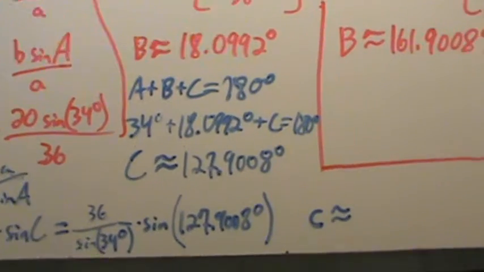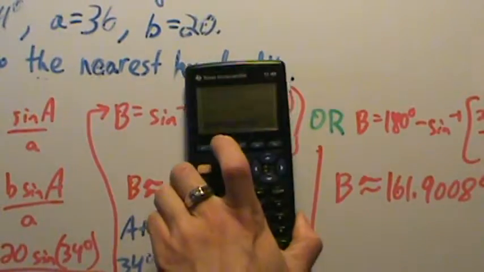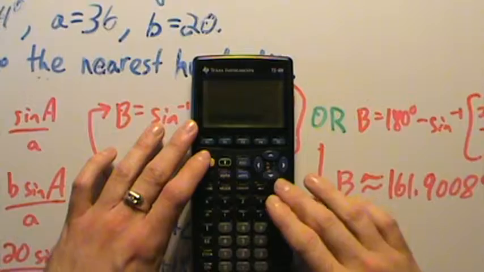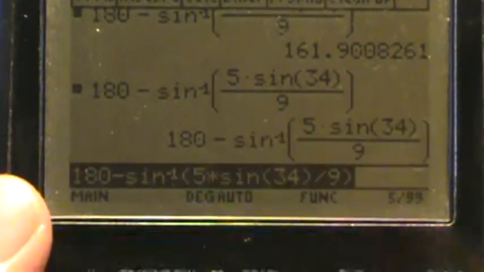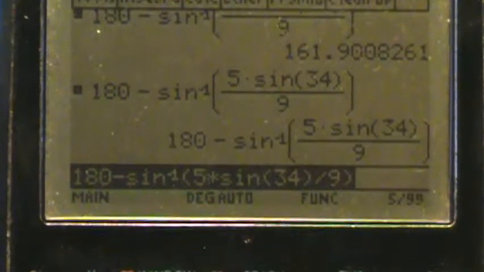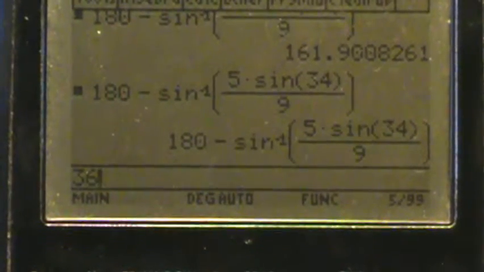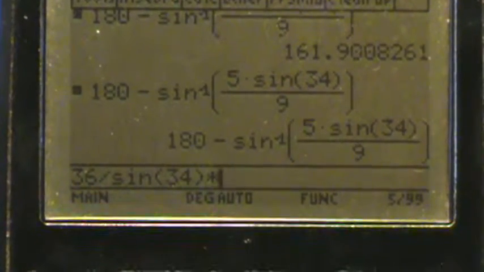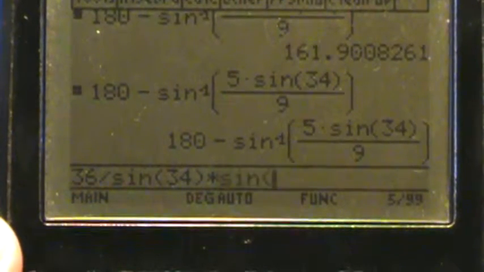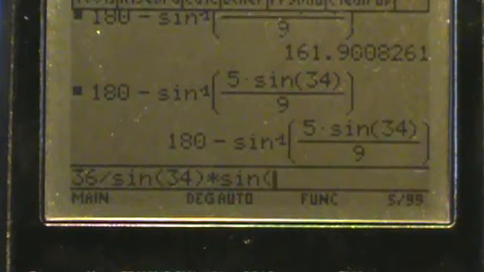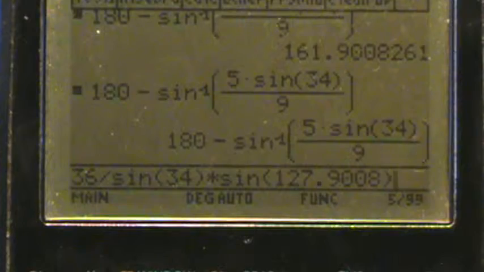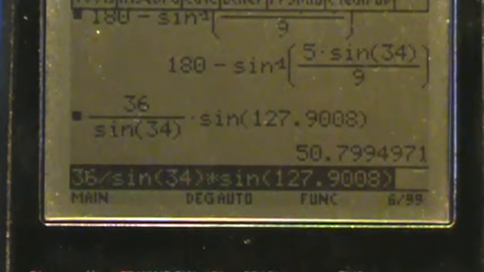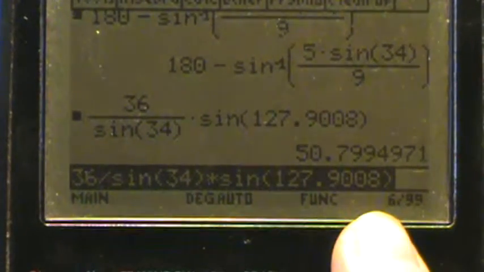Well, let's toss it all into a calculator and see what we get, making sure we're still in degree mode. We're going to have 36 divided by the sine of 34 degrees times the sine of 127.9008 degrees, and that's approximately equal to 50.79949.